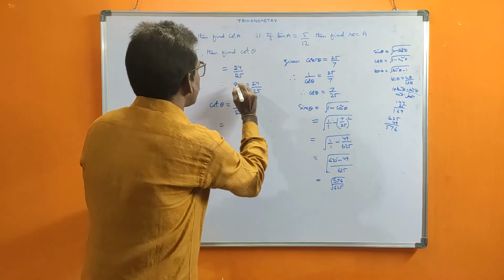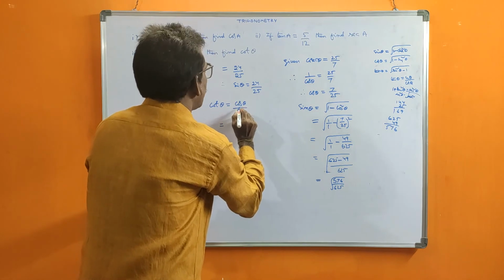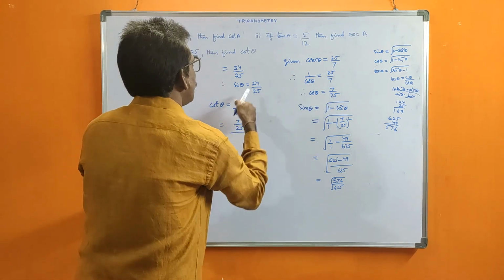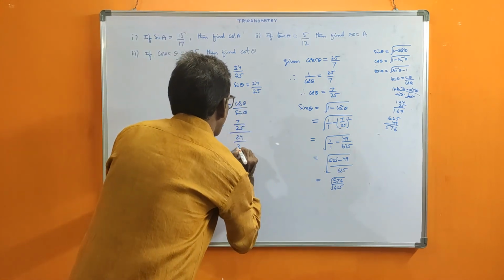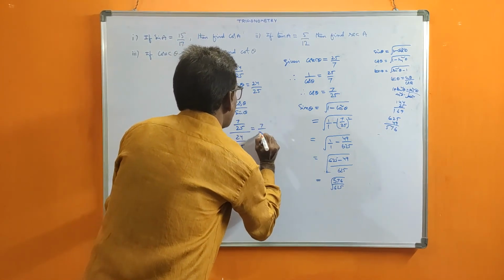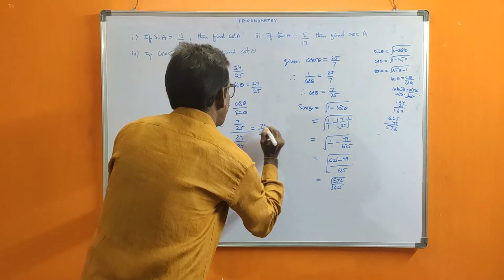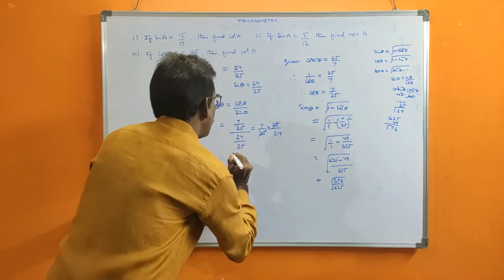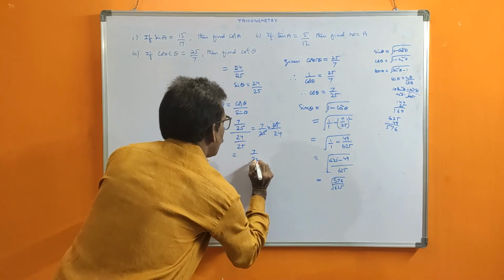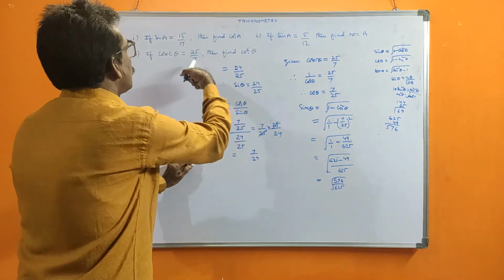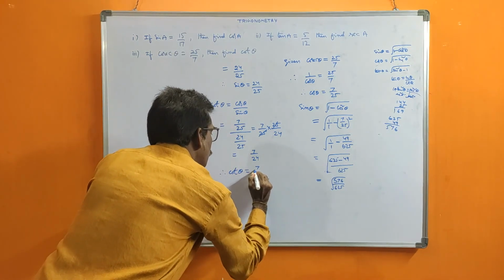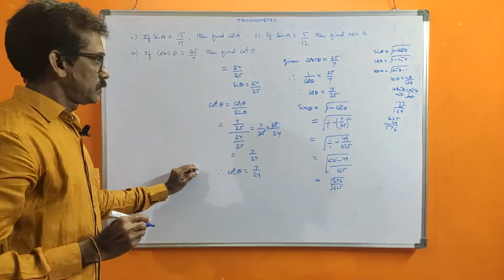By using these formulas, now substitute: cos value is 24 by 25, sin value is 7 by 25. So this is 24 by 25, this becomes 25 by 7, 25 25 cancel, that is 24 by 7. What he asked, you write. Therefore cot theta is equal to 24 by 7.